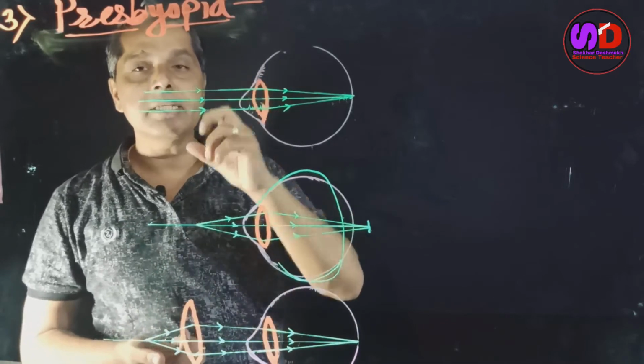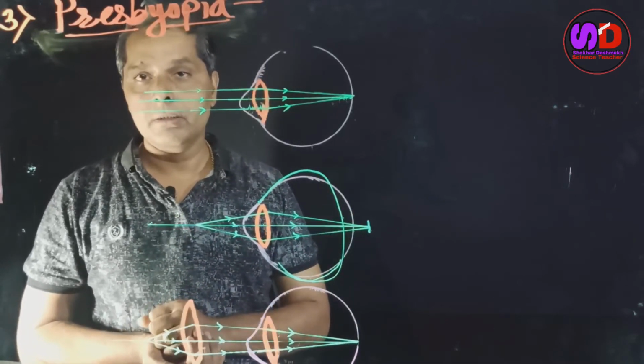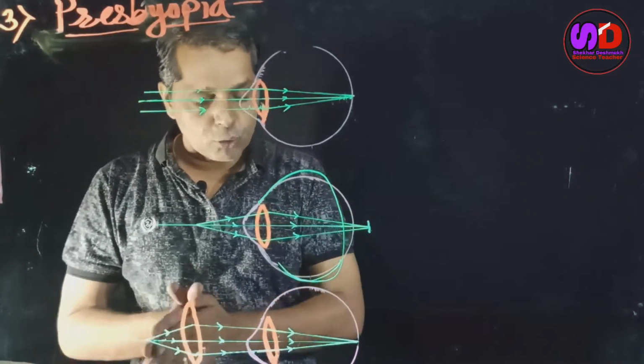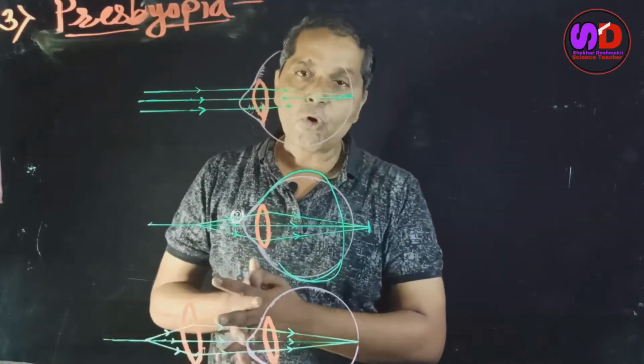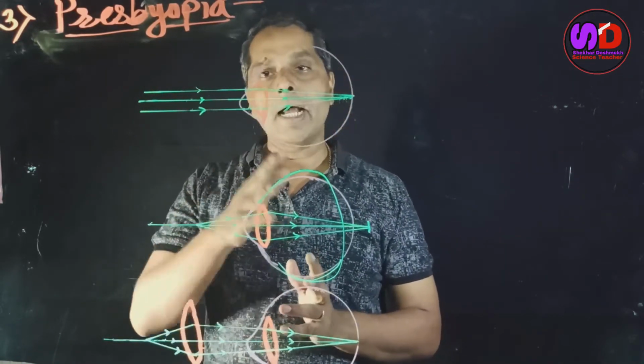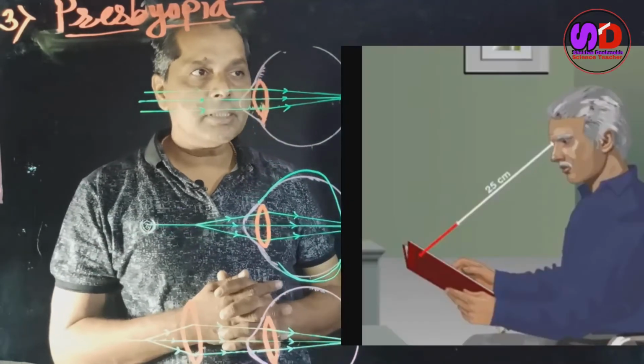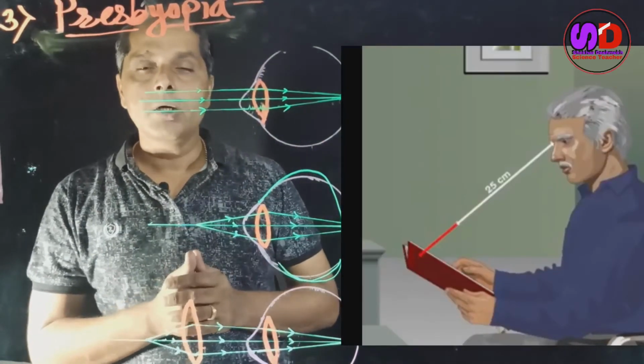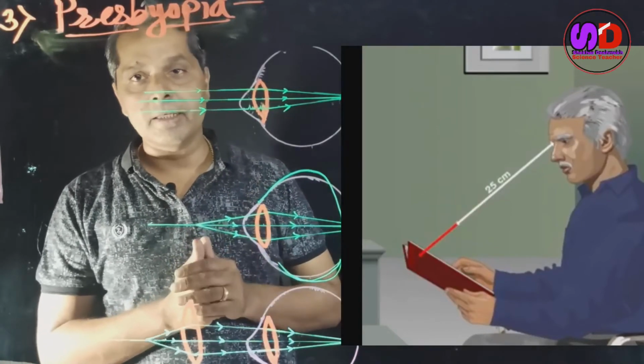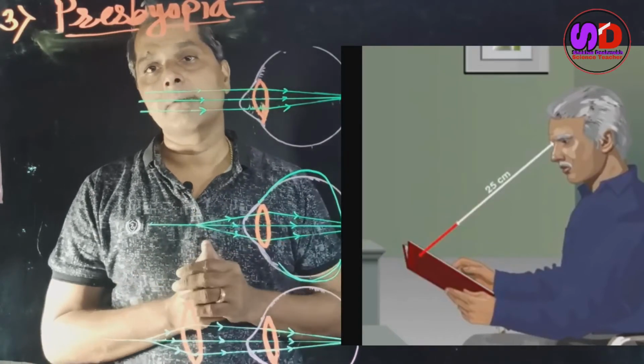The ciliary muscles become weak, and due to that, the focusing power of the lens also decreases. That means the near point of a person goes away from us.